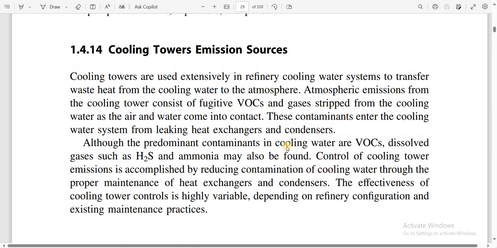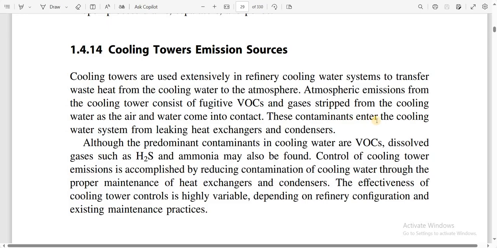Next one is the cooling tower emission source. Cooling towers are used extensively in refinery cooling water systems to transfer waste heat from the cooling water to the atmosphere. Atmospheric emission from the cooling tower consists of fugitive VOCs and gases stripped from the cooling water as the air and water come into contact.